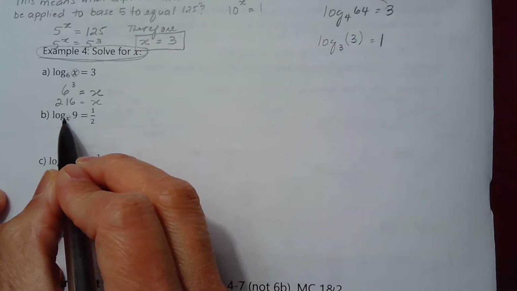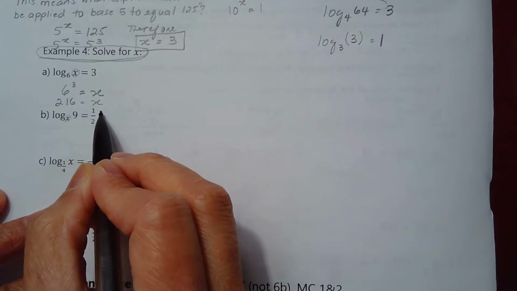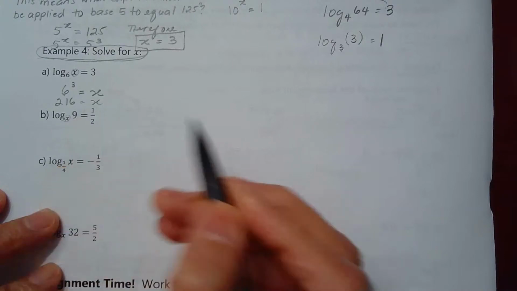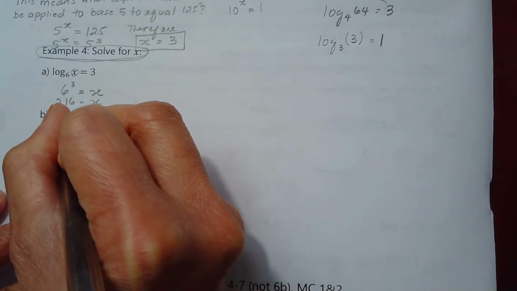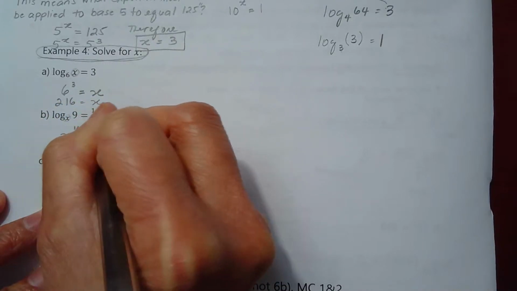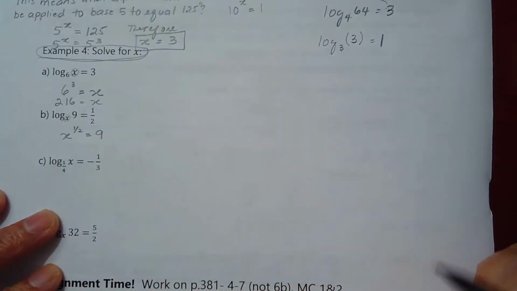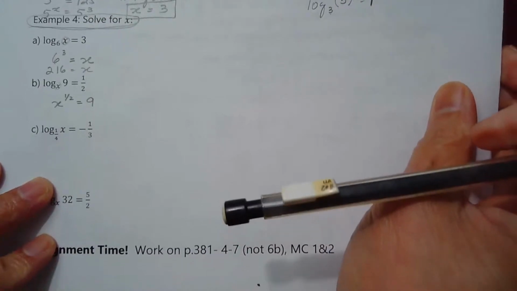So the base is missing. Exponent is given. And then it's going to equal to 9. So that means x to the 1/2 is equals to 9.